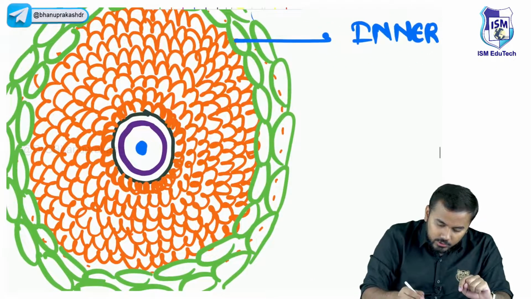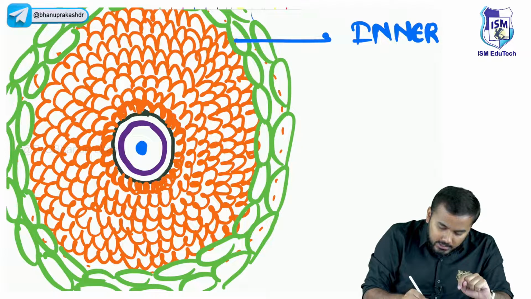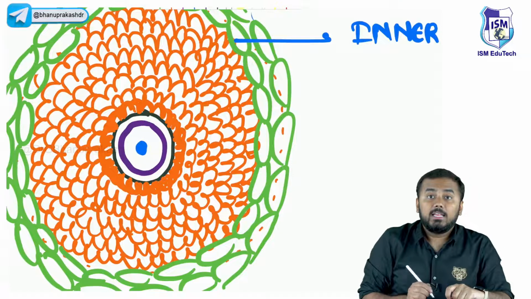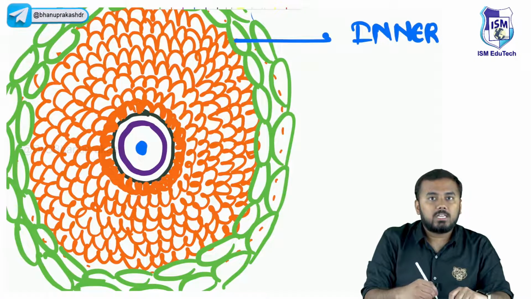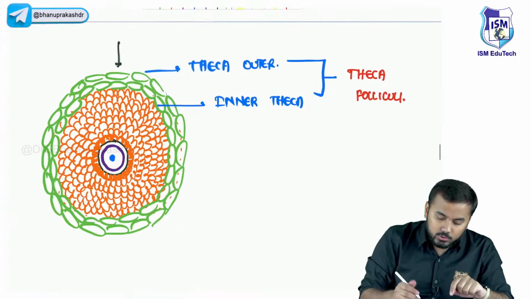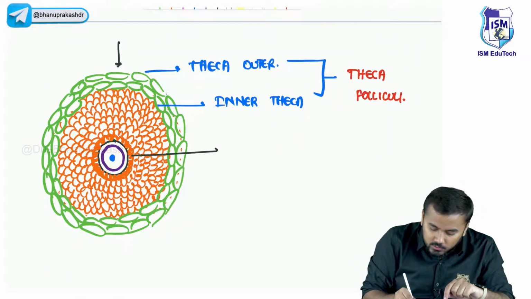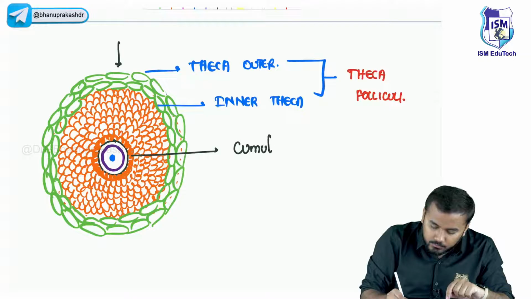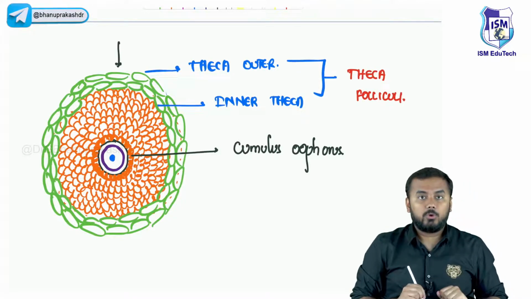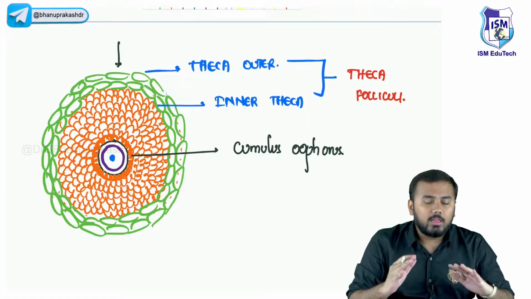These dark cuboidal cells which are attached here are called cumulus oophorus. What is this called? Cumulus oophorus.